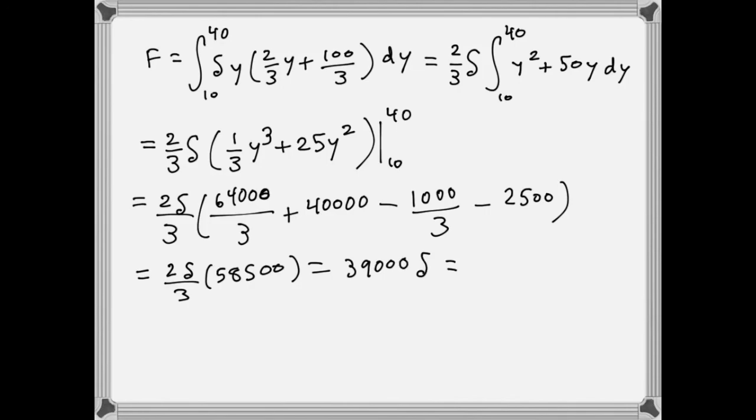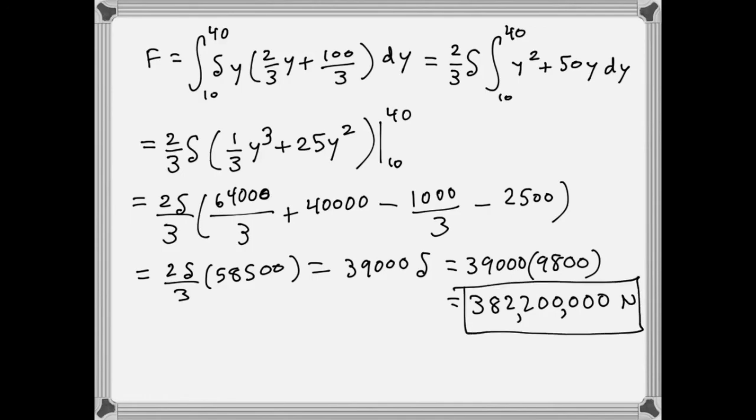Or, remembering that delta is 9,800, I end up with 3,822,000, 1, 2, 3, 4, 5 zeros. So that is going to be 382,200,000 newtons. This is going to be the force on that isosceles trapezoid that we saw in our beginning.